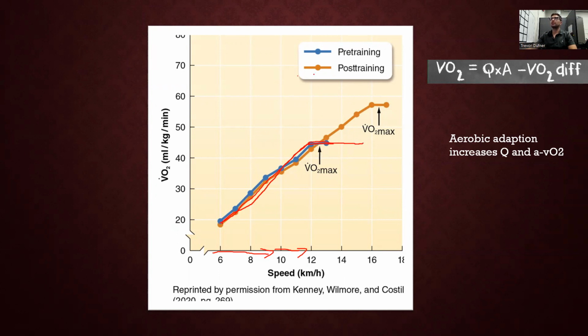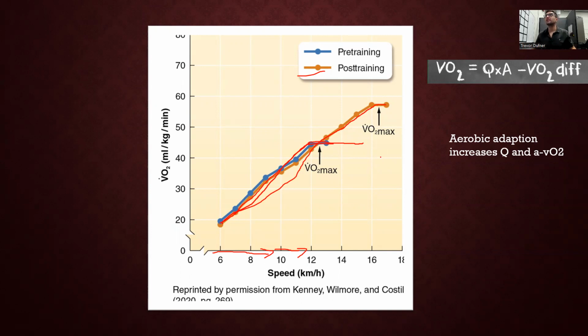Versus post-training, you see that individuals can go past that plateau as they increase in speed. They get a higher ability to consume oxygen. The alveoli are getting better at diffusing oxygen into the bloodstream. More importantly, there are more red blood cells, and the red blood cells themselves are more efficient in transferring oxygen to the working muscle, as well as the working muscle being more efficient in using that oxygen.